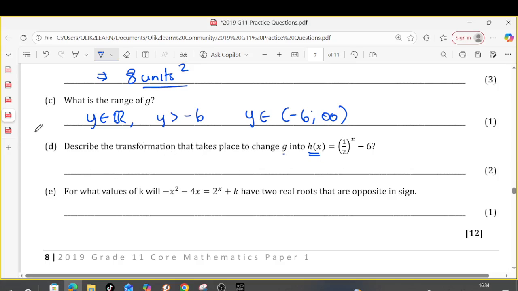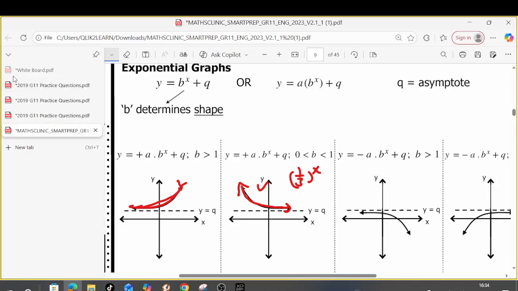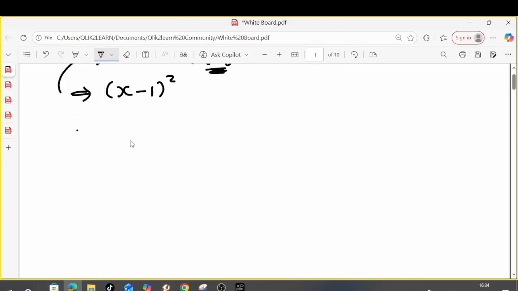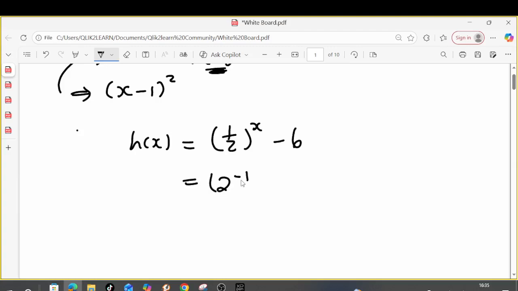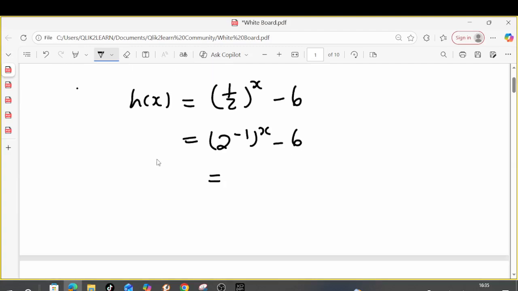I have h at x, and h at x is given as 1 over 2 to the power x minus 6. Now if we try and work this out, we know that 2 is to the power minus 1. If you multiply out there, what do you have in the exponent? You have 2 to the power negative x minus 6.